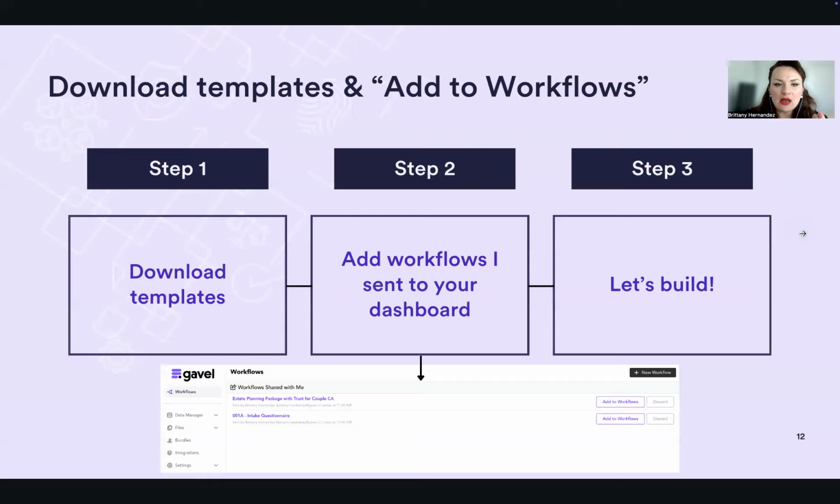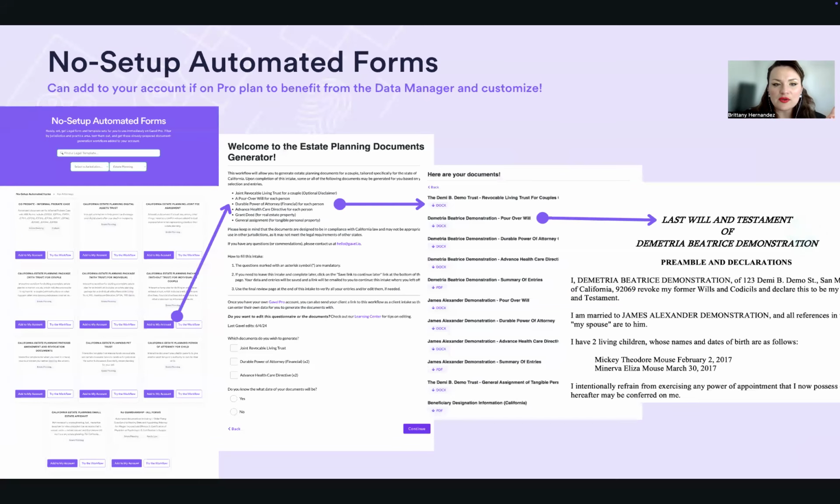The first thing is that we've talked about using pre-built workflows: you can go to that page, select which one you want, and try the workflow right now to make sure those are the documents that you need and want to use. You can practice using that. But if you want to have that information reusable and in your account, you would need to get a Gavel account. Then you could have that added and make different customizations, for example, what is said or how it's phrased.